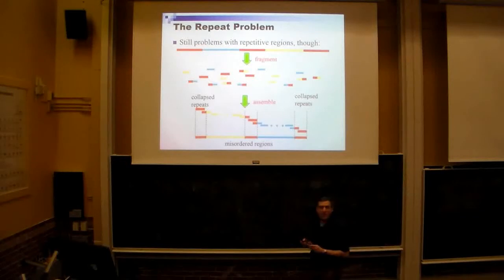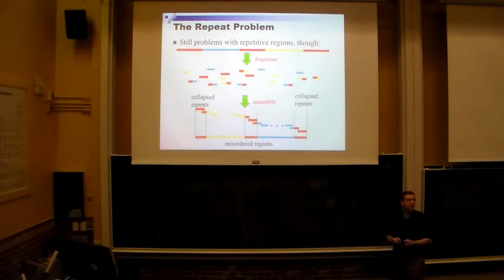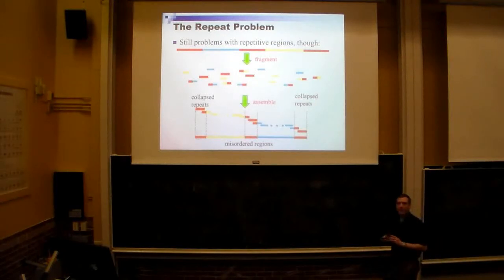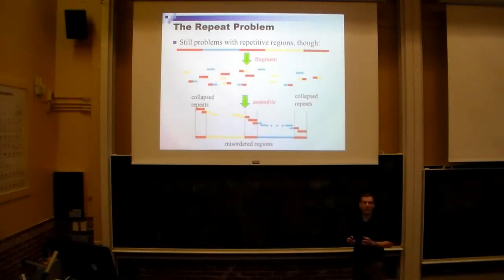And so this is going to be a problem with these technologies. You're going to have issues around repetitive regions, and you're going to have issues of misordering if you use these kinds of shotgun technologies. They'll work very well for small genomes, so a bacterium typically, which doesn't have a lot of repetitive region. They won't work well for something like a human, which is largely repeats.